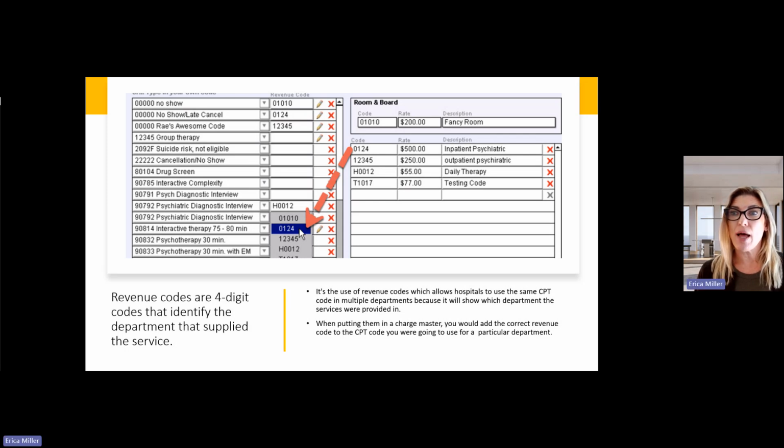So again, a lot of this information is already defaulted in the charge master. And when that revenue or the supply is rendered, whatever department supplied that service, we'll just select that service and it will automatically populate that revenue code.